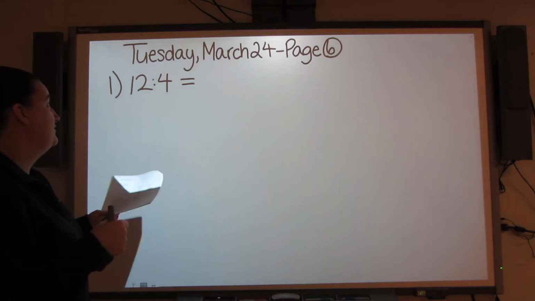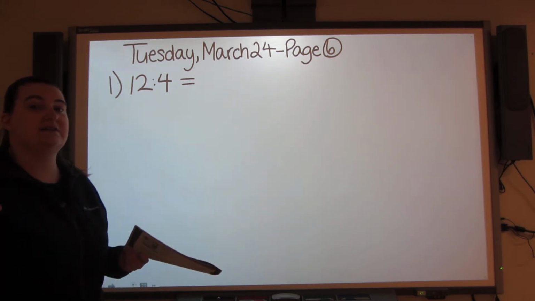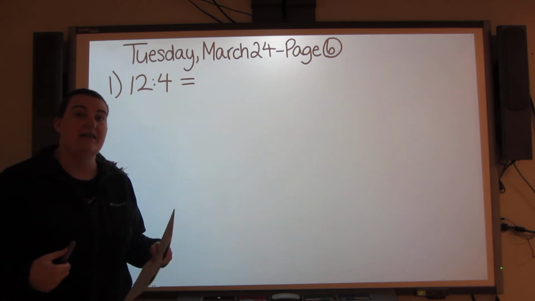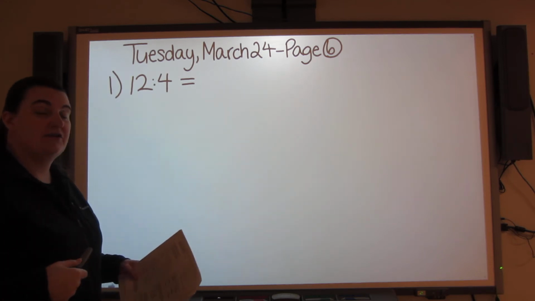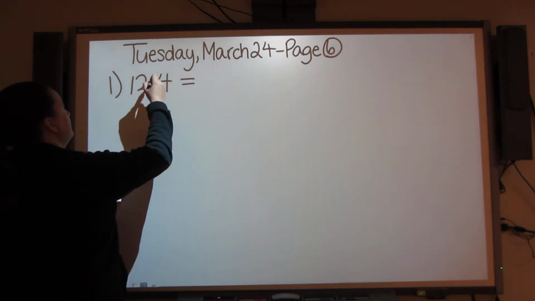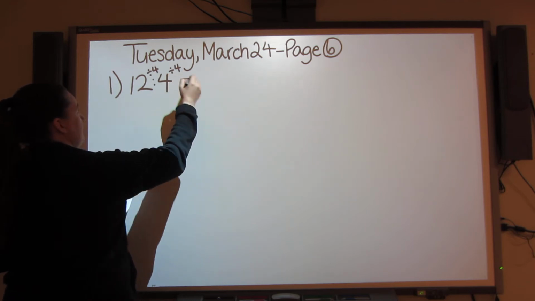I can divide 12 by 1, 2, 3, 4, 6, and 12. So the one that they have that's the same, that's the biggest, their greatest common factor, is 4. So you divide them both by 4.